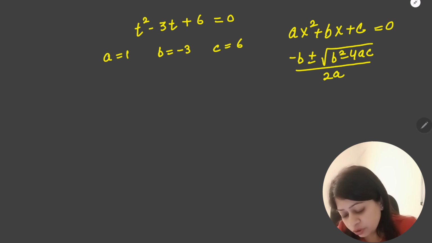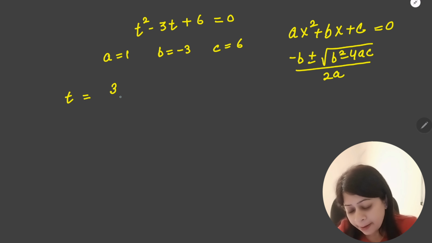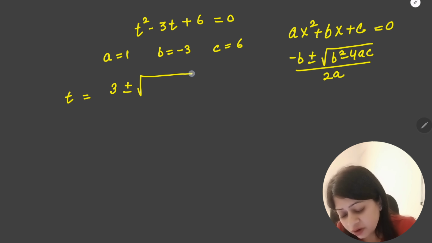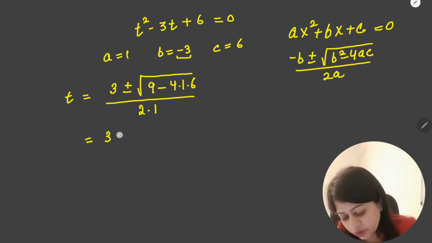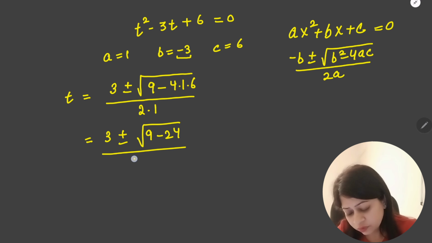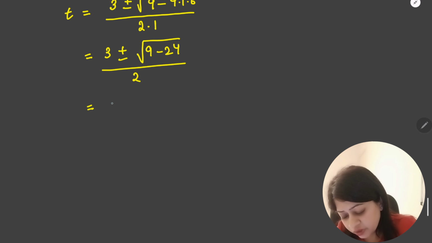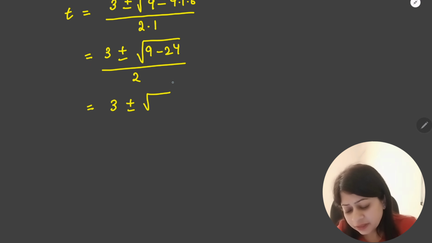So our solution t will be minus of minus 3, which becomes plus 3, plus minus square root of minus 3 square, which is 9, minus 4 times 1 times 6, by 2. That is 3 plus minus square root of 9 minus 24 by 2, which is square root of minus 15 by 2.